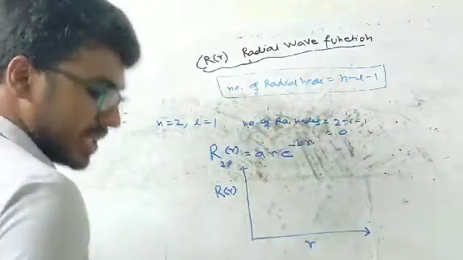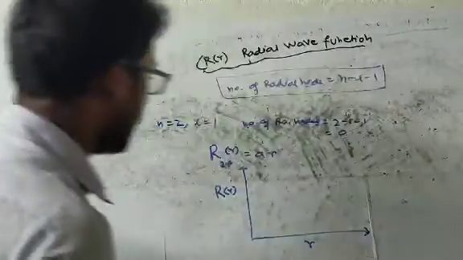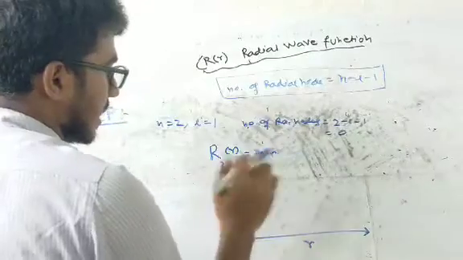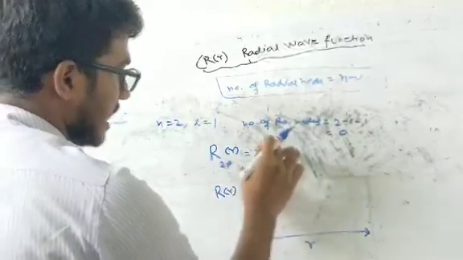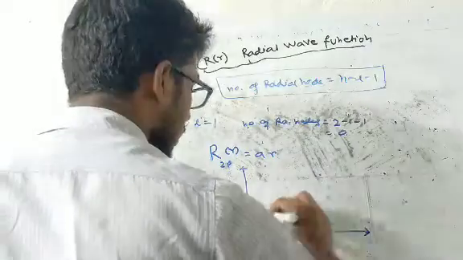If I just remove the exponential part, what should my graph be? This is simply y equals a times r, so y equals mx. A is a constant, so it is the standard straight line equation, and it should look like that.